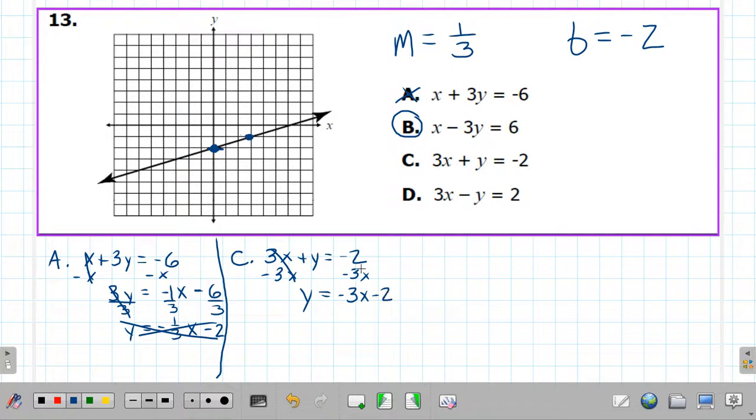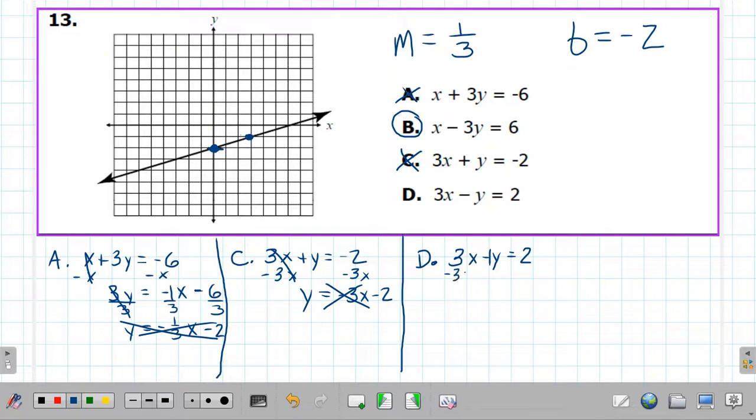Well, that was pretty easy to put in slope-intercept form because that's slope-intercept form. But once again, we have a problem. It says the y-intercept is -2, but it says here the slope is -3 when it should be positive 1/3. So it's not that one either. So it's not C. Is it D? Well, 3x minus y equals 2. In this case, there's a 1 right there.